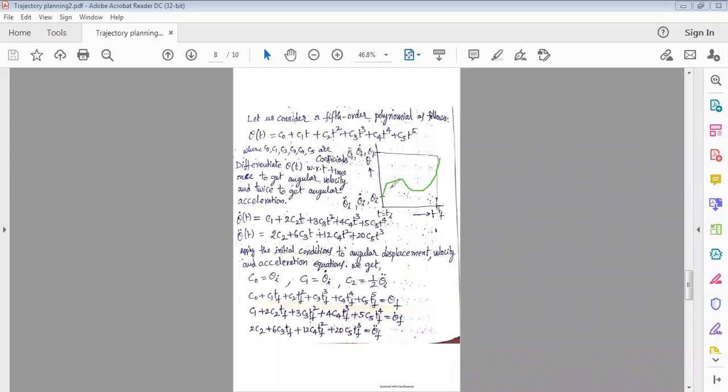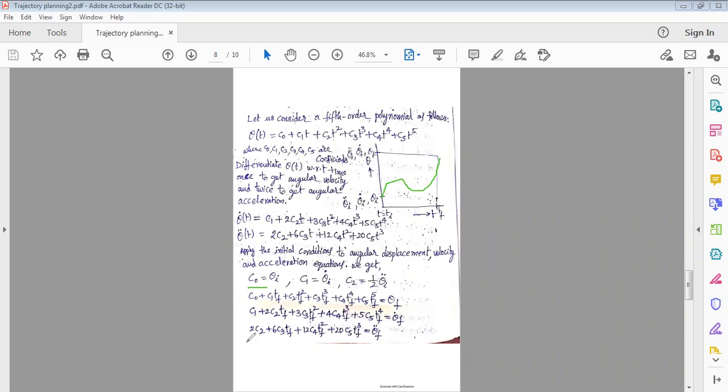Here, the fifth order polynomial function also gives us a smooth curve. How the smooth curve looks follows from the derivation. After we determine the constant values C0, C1, C2, C3, C4, C5, we put those values in the actual polynomial function, and that will be the curve equation.